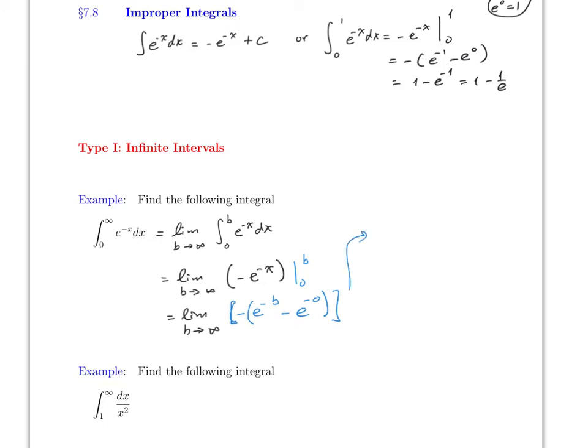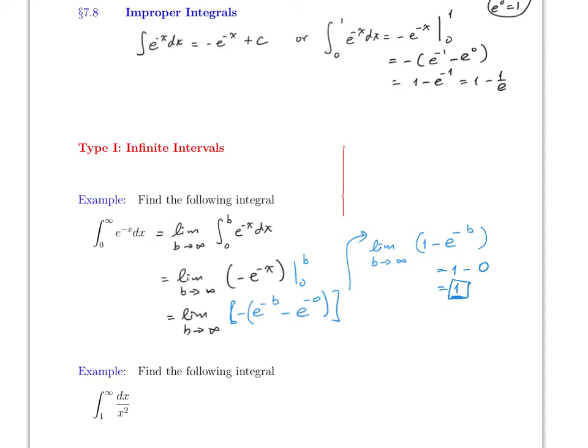So notice that the integral is the same as this one, it hasn't changed. So this is the same thing as the limit as b goes to infinity of 1 minus e to the minus b. And remember that as b goes to infinity, this will equal 0. So this is 1 minus 0, which is just 1. So the integral is 1.